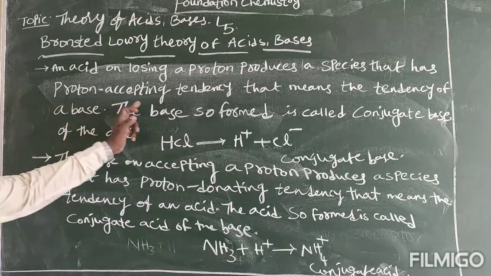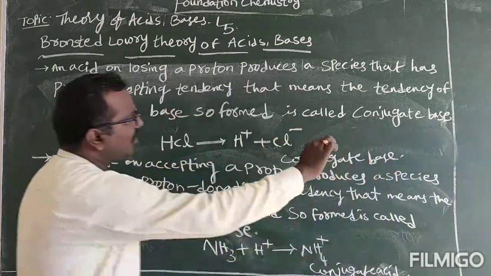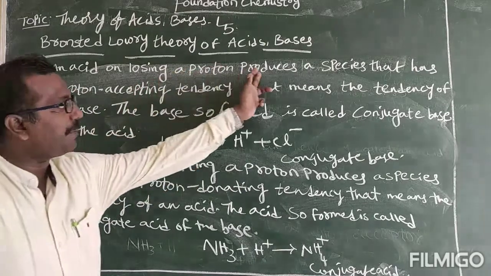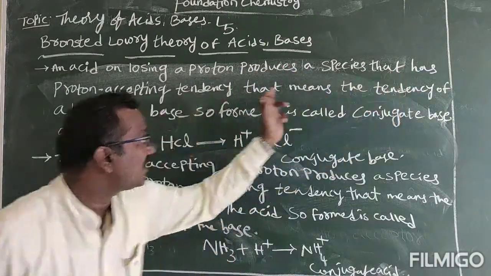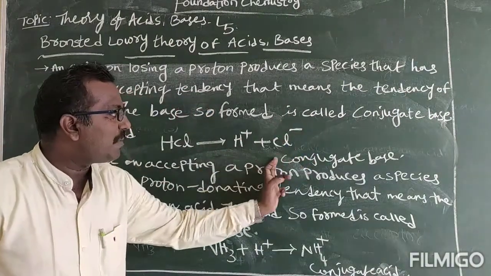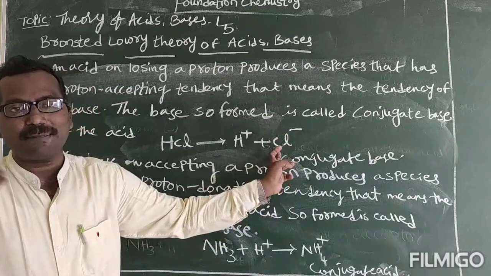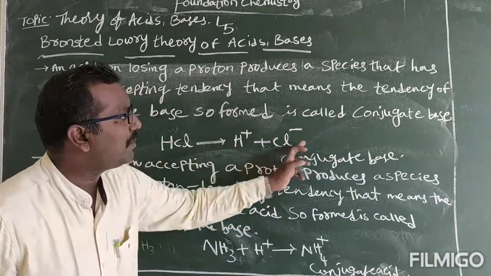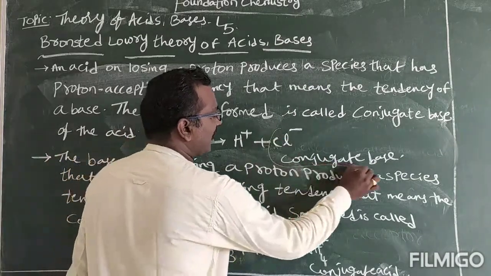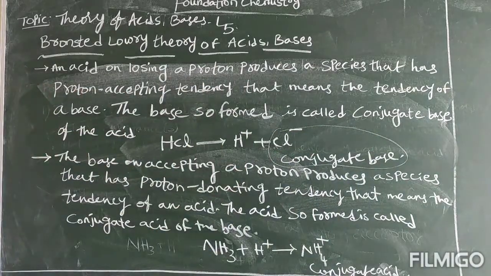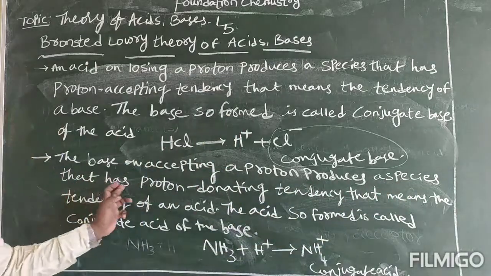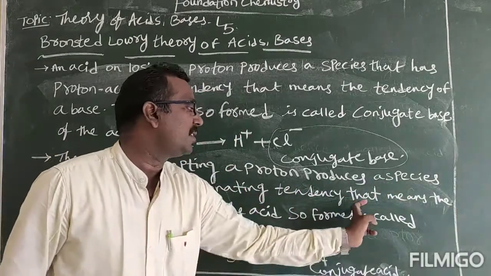So what is a conjugate base? An acid HCl losing a proton produces a species that has proton accepting tendency. See here, Cl- has the proton accepting tendency, so that's why Cl- is called the conjugate base. The base on accepting a proton produces a species that has proton donating tendency.